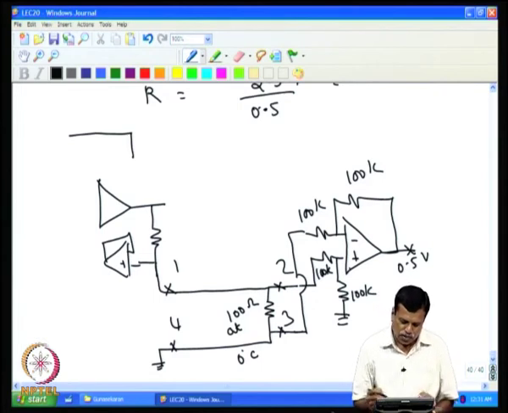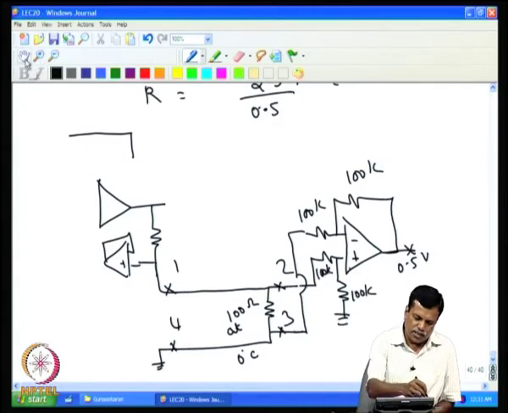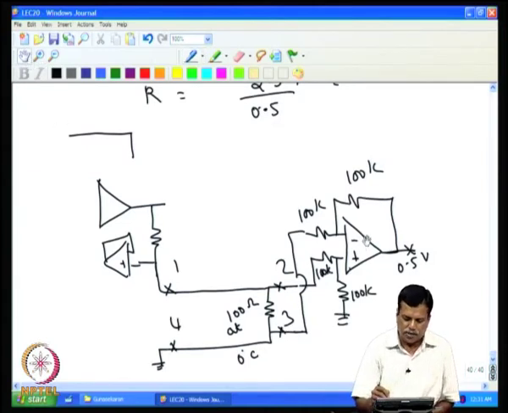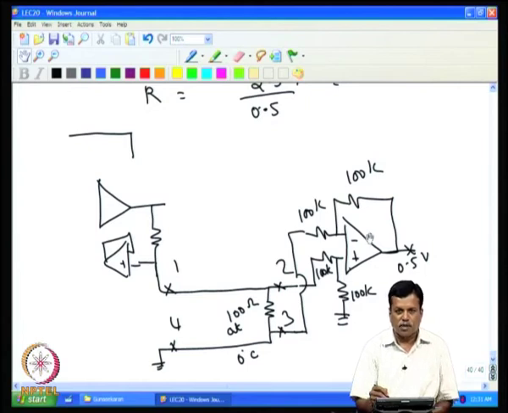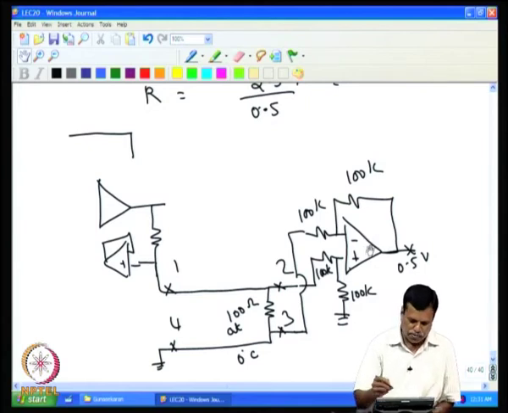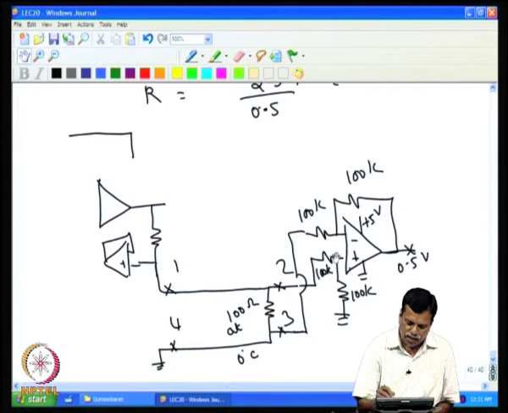But one small issue is that if it is a single supply op amp, because we are making a 4-20 milliampere current transmitter, this op amp is invariably operated in a single supply. So, you have a ground here and then plus 5. If this point is at 0.5, then this will be 0.25 volt, and this also will be 0.25.